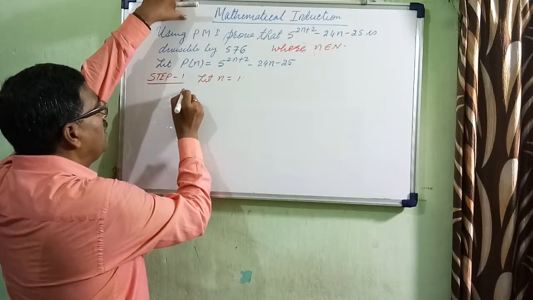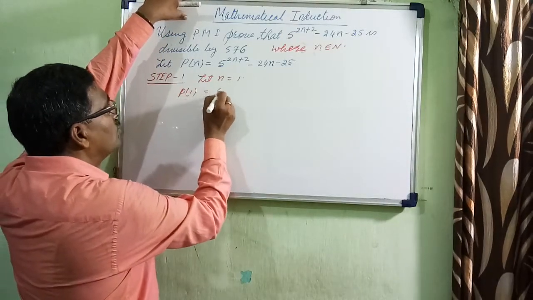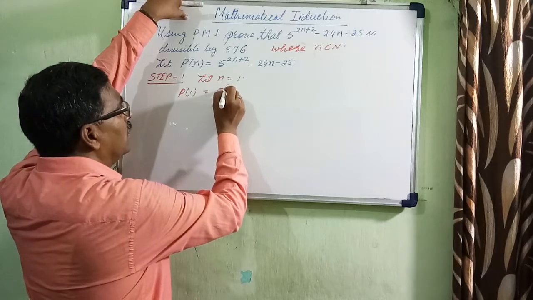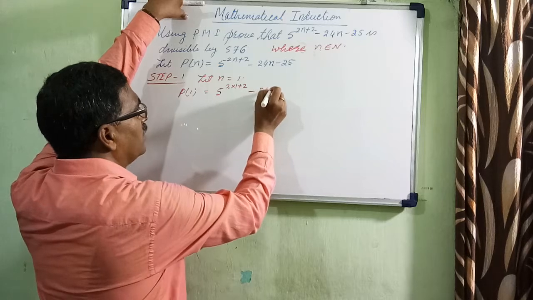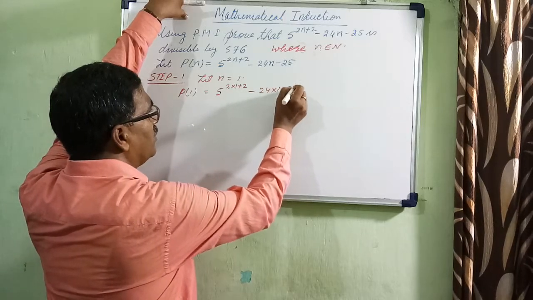So wherever n you have, there you put 1. P1 is equal to 5 to the power 2 into 1 plus 2 minus 24 into 1 minus 25.